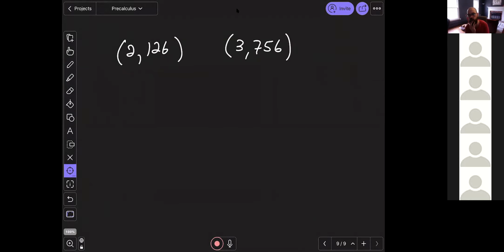So we want to figure out what that a value is, which gives us what we call our initial conditions, and then the b value, which is going to be our growth rate. We're going to assume that we have exponential growth, so we have f of t equals a times b to the t. Our job is to determine what is this capital A and what is little b.